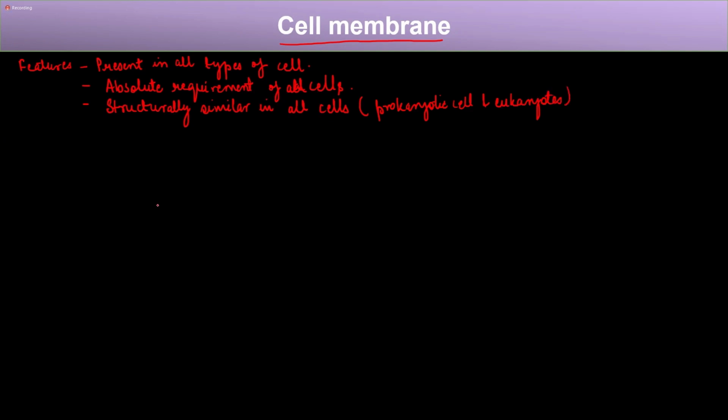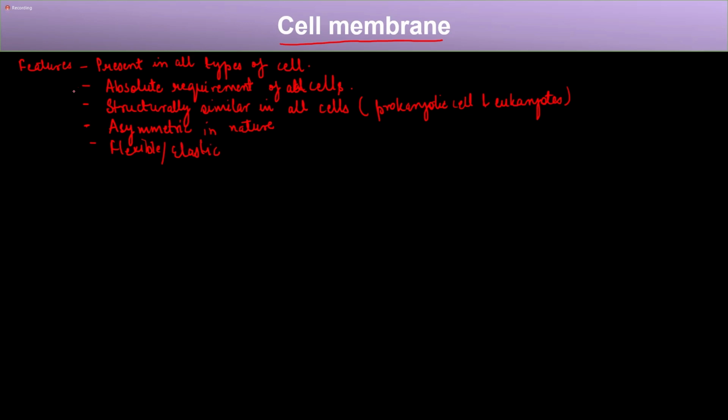It is asymmetric in nature, meaning it does not have symmetry, and it is flexible. The structure is flexible or elastic, so it's not very hard and tough.